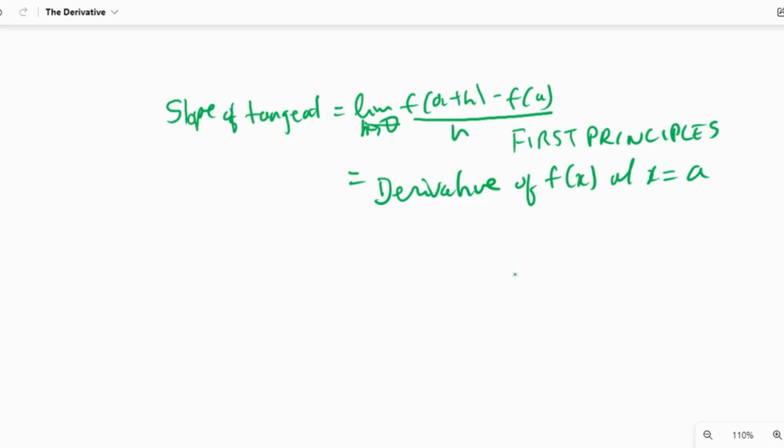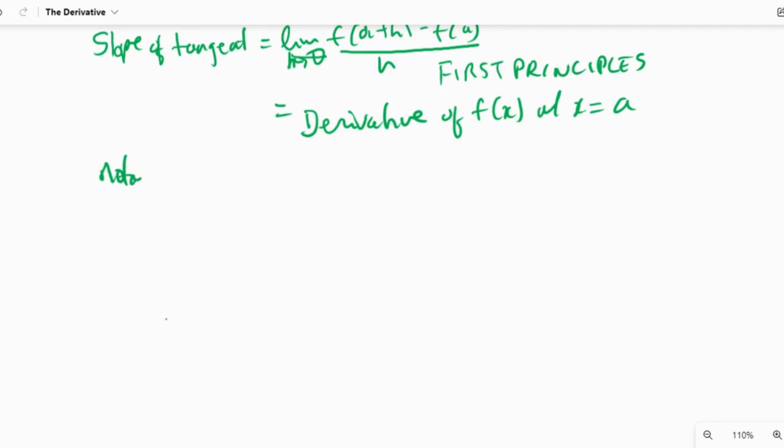So let's see the notations of derivatives. Derivatives, we can write with notations. I can say f prime of x. F prime x. We can say y prime.